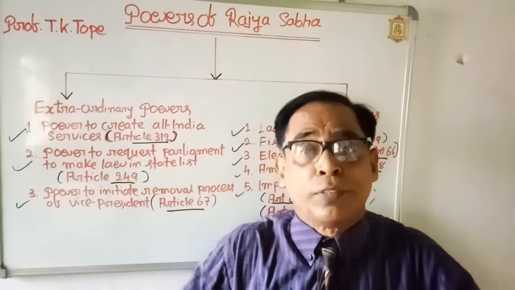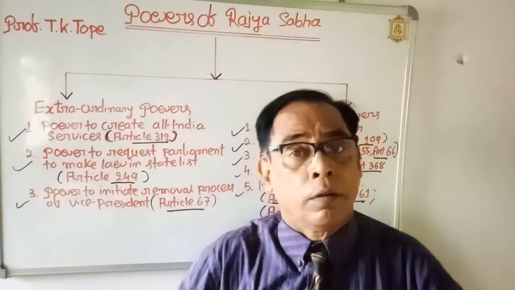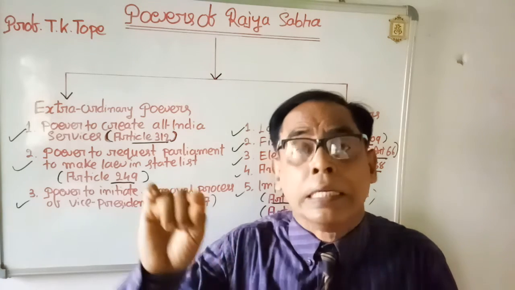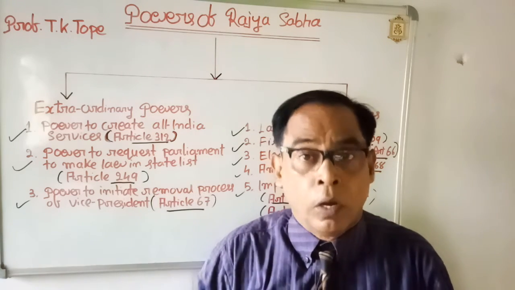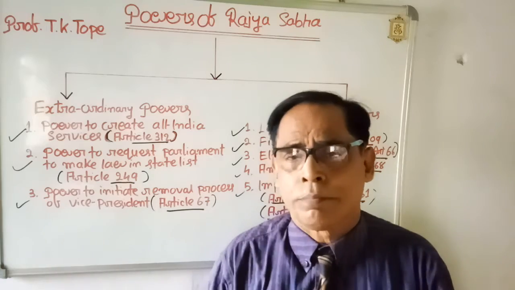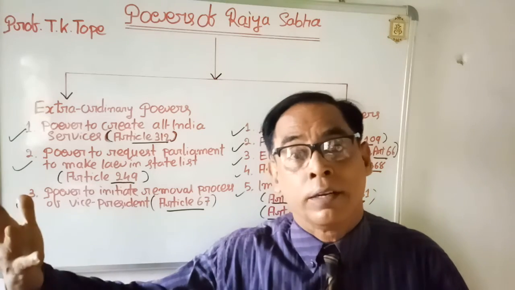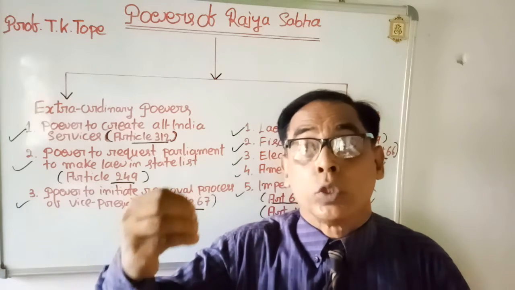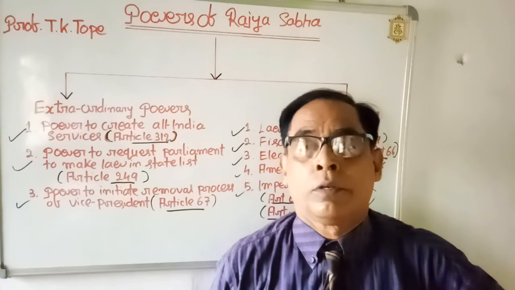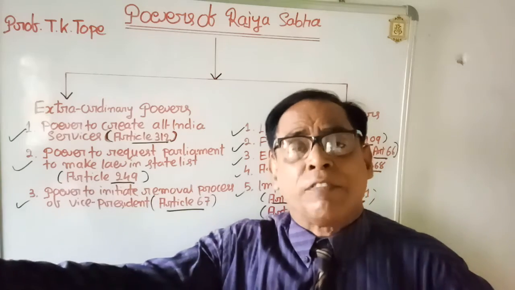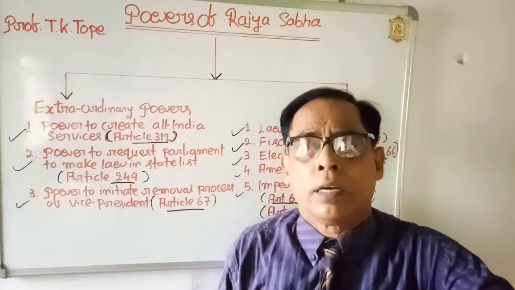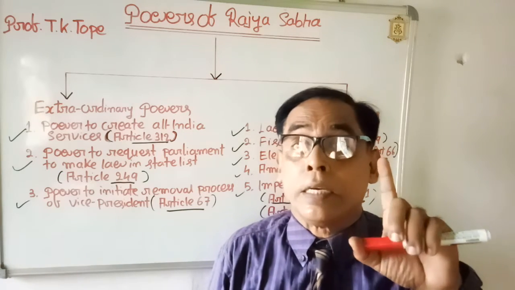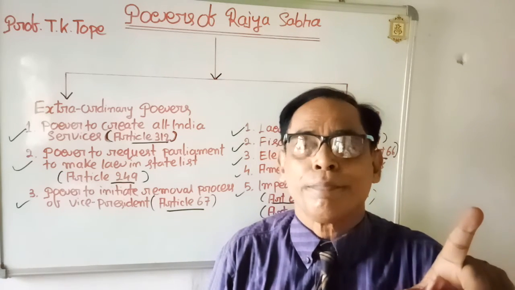So, in this video, my viewers are clear that Rajya Sabha is not an insignificant body or a powerless body or a superfluous body. It is a very important institution with some important powers. We cannot treat it as an unnecessary body; rather it is an important institution.